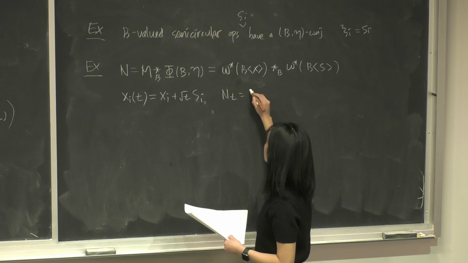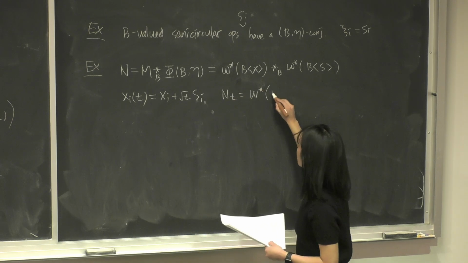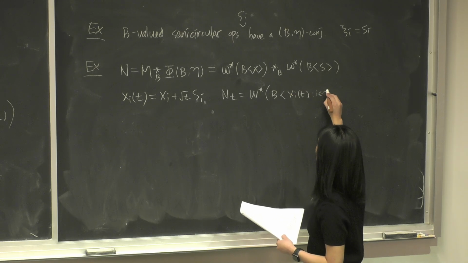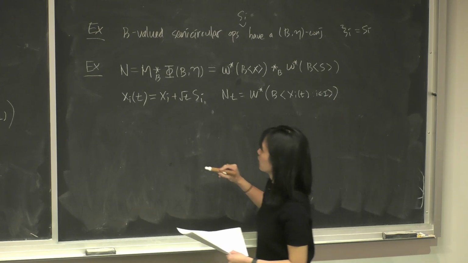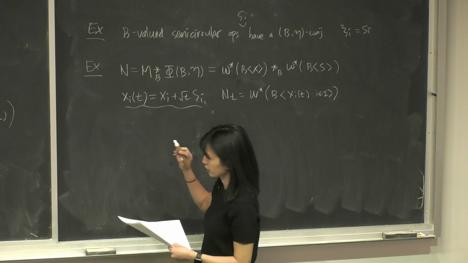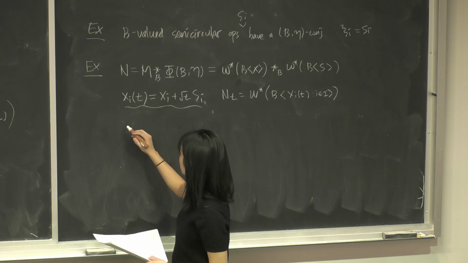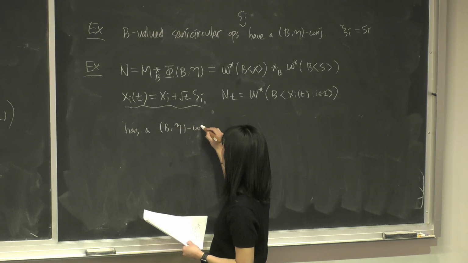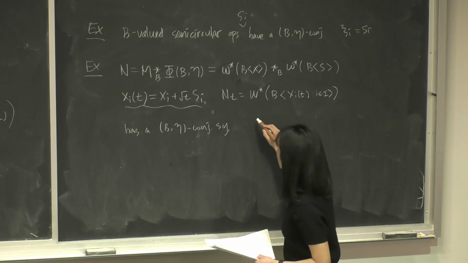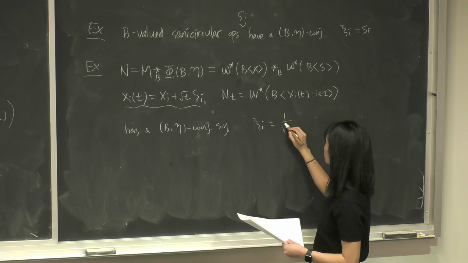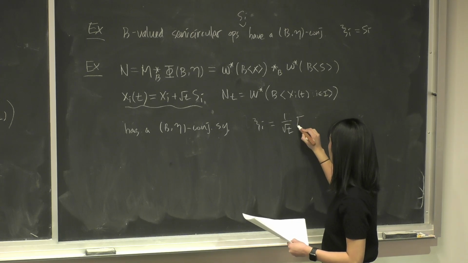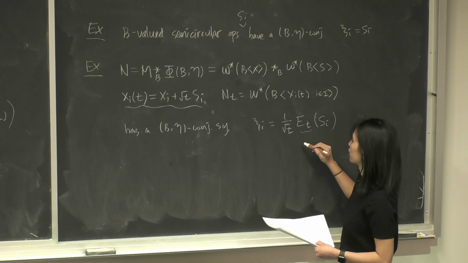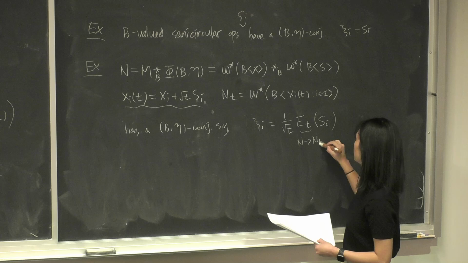And let N_t be the von Neumann algebra generated by these X^t's. Then this new operator has a B-eta conjugate system. And Xi_i in this case is 1 over square root of t, E_t of S_i, where E_t is the conditional expectation from N to N_t.